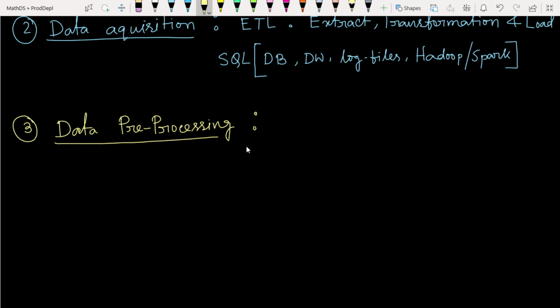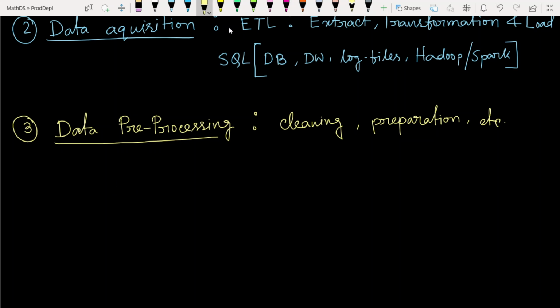We have already seen this kind of thing in one of our sections. Here I am talking about cleaning the data and data preparation. That's it. This is the third step.